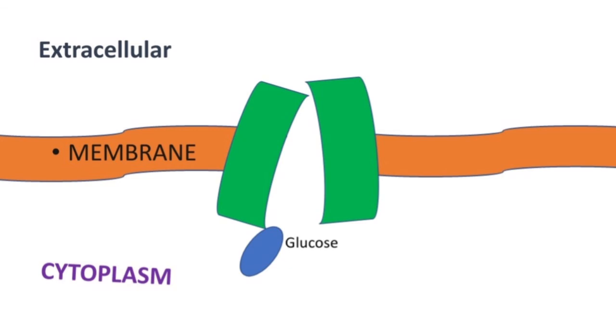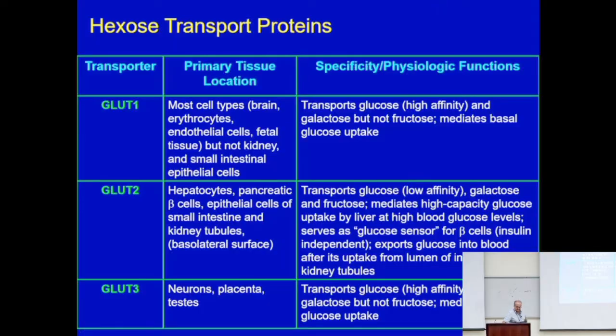And their function is to bring in glucose from the bloodstream. Okay? So that's what we're going to do first. And this looks a little scary at first, but I just want to point out to you, pay attention to just some of the features I'll say about each one.